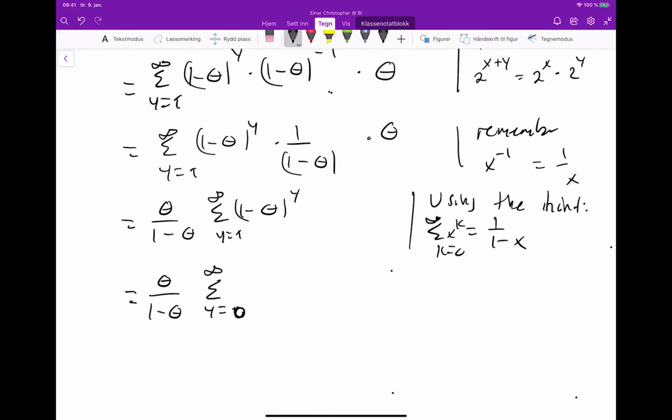So I change the limit here. Why do I need 0? That's because of the hint, which uses 0 here. But when I put the limit down by 1, I have to start 1 higher here. So this will be like this.